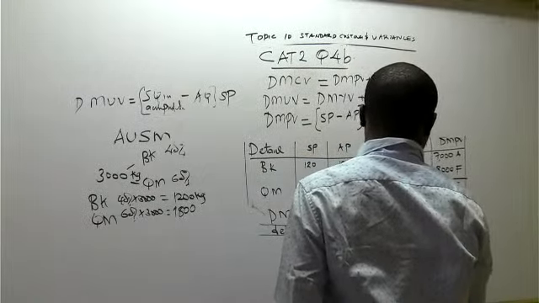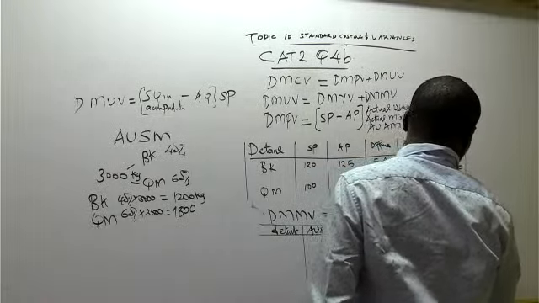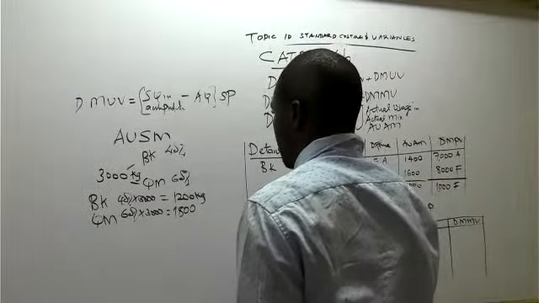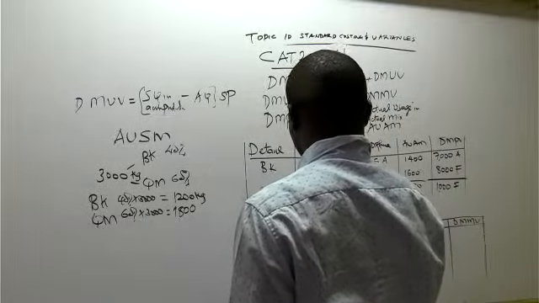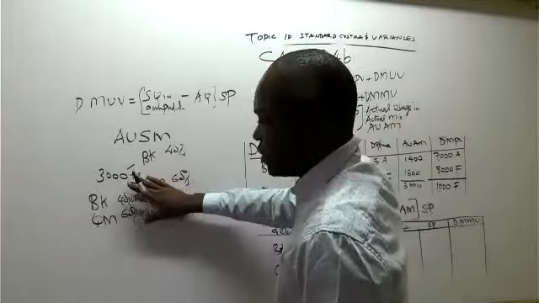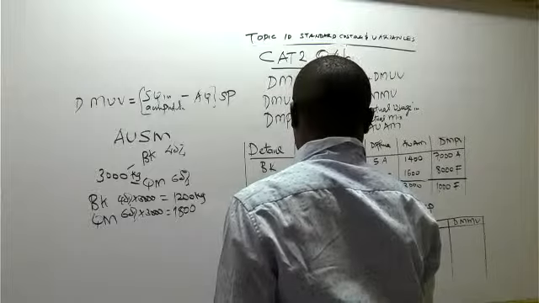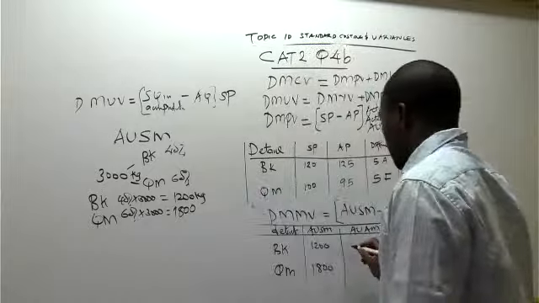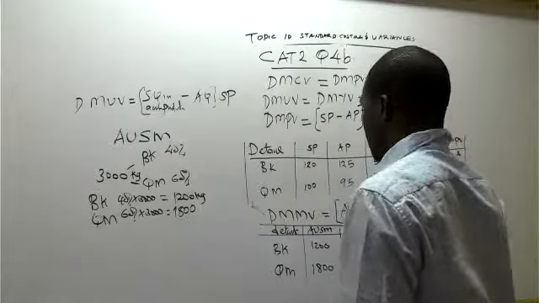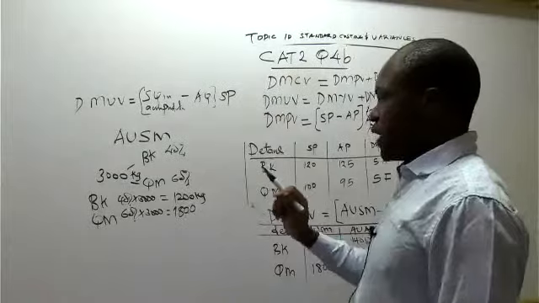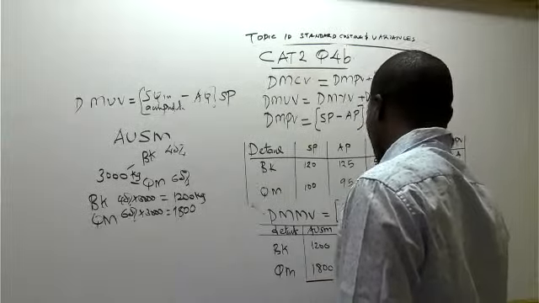So we get the difference, the standard price, and then the direct material mix variance. We have BK, we have QM. BK actual usage in standard mix is 1,200, 1,800. Actual usage in actual mix is 1,400, 1,600.